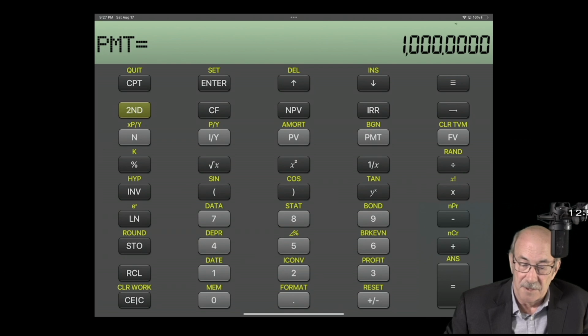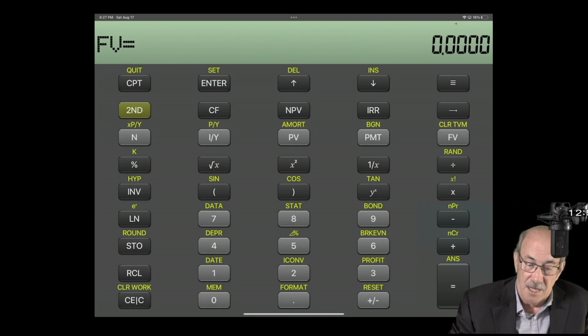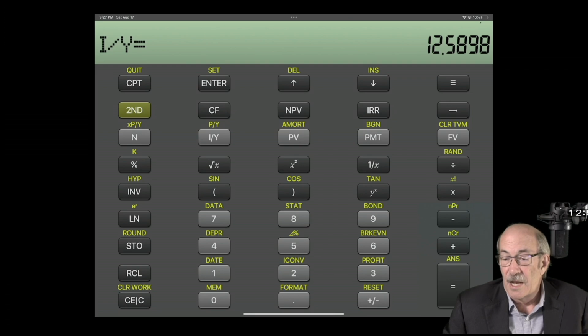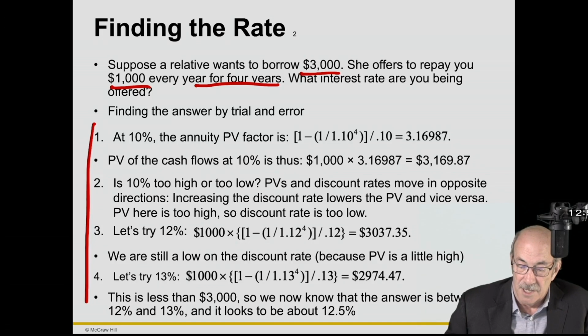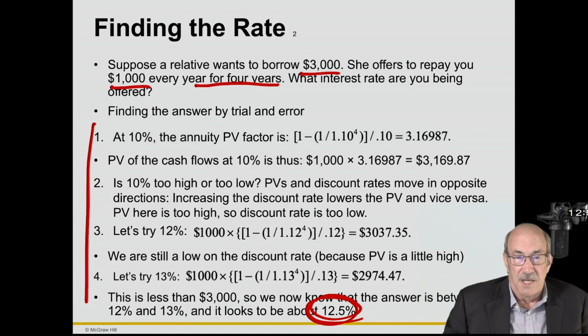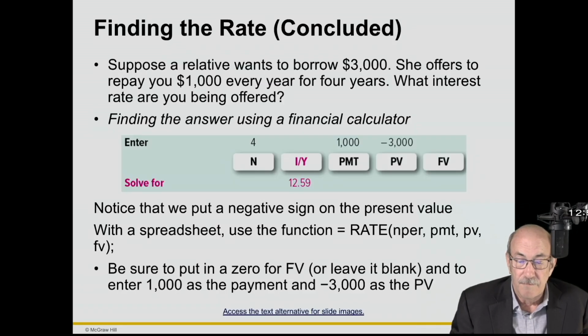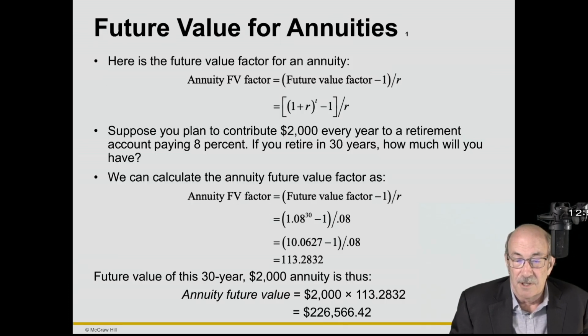We're going to use the payment key for that. I'm going to zero the FV, and that is for 4 years, and I compute I, and I get a 12.59% interest rate on that. That's about what they get there too. Here they have to because the math gets intractable. They're just doing trial and error to get the answer. And then here again is the information to do this on the calculator.